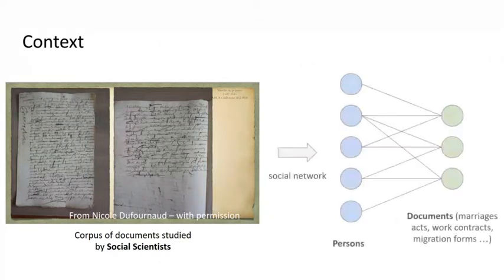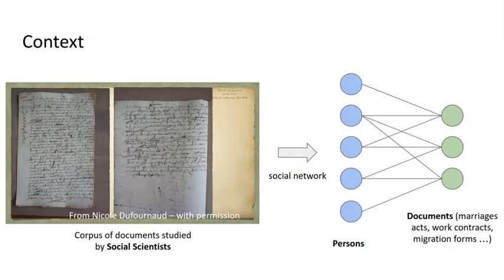So usually what they do is, starting from this corpus of documents, they try to build social networks. So these are graph objects. And one way to do it is to build what we call bipartite networks. So there will be two types of nodes, the person nodes and the document nodes.